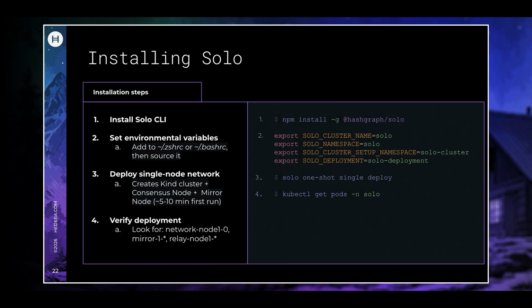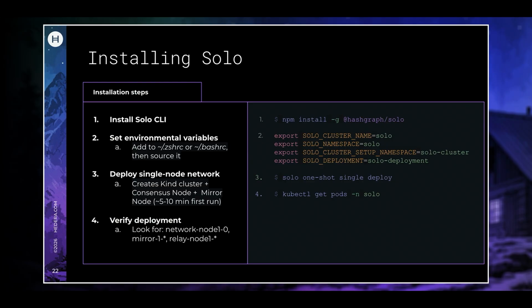The instructions to install it are on the repo, but essentially you're just going to set some environment variables. Once you have that, that'll take the longest time. Once you run it and deploy a network, that could take about 10 to 15 minutes or so, so just be mindful of that. And then you can do a quick prompt to verify the deployment, and it'll probably look something like that on the right side there.